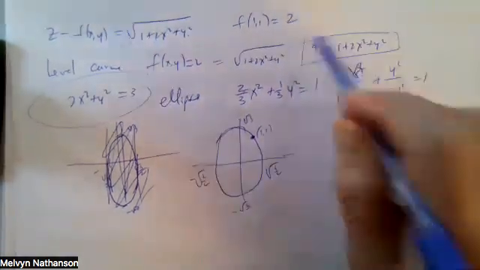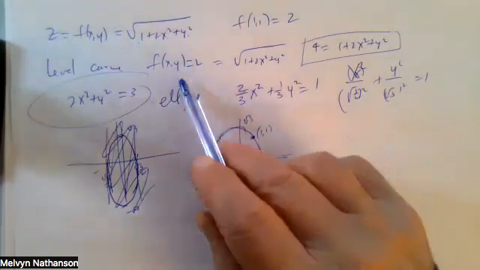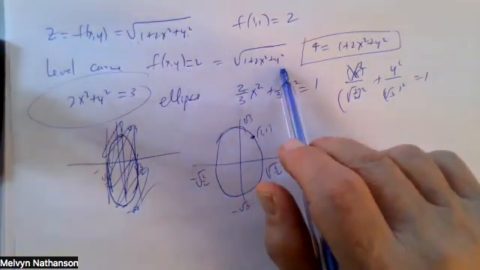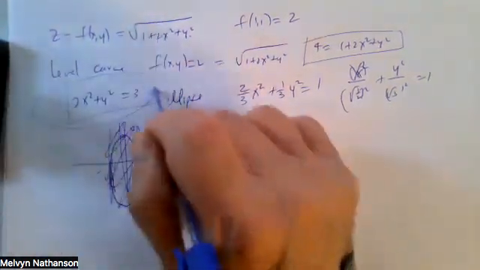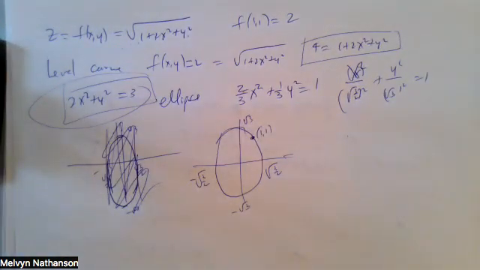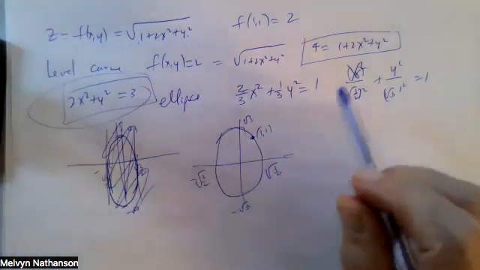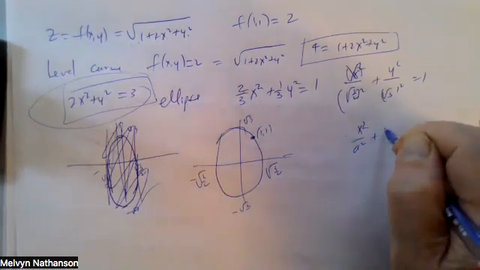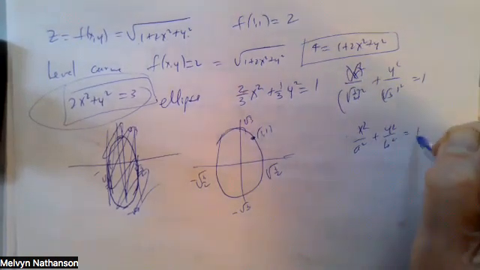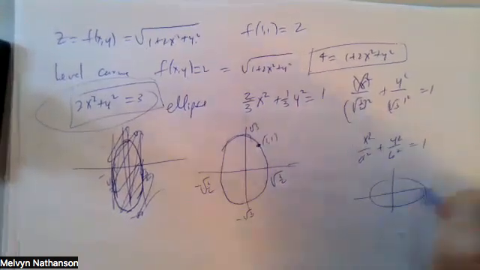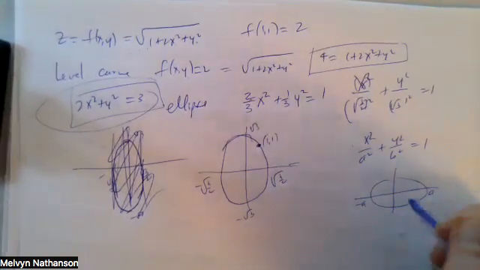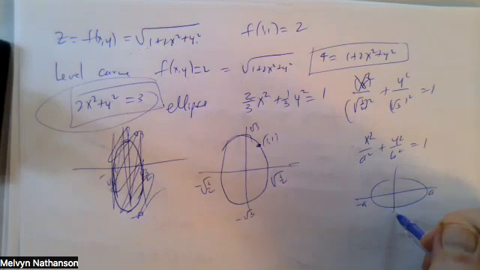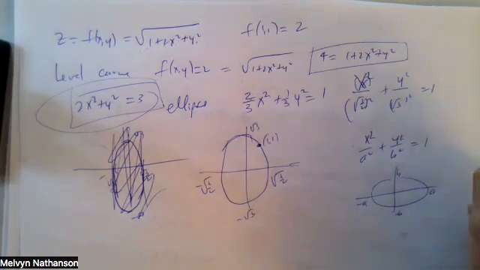If you square both sides, you get 4 equals 1 plus 2x squared plus y squared, or 2x squared plus y squared equals 3. Or you can rewrite that in the classical form for an ellipse, x squared over a squared plus y squared over b squared equals 1. That's the ellipse where x goes from minus a to a, and y goes from minus b to b.